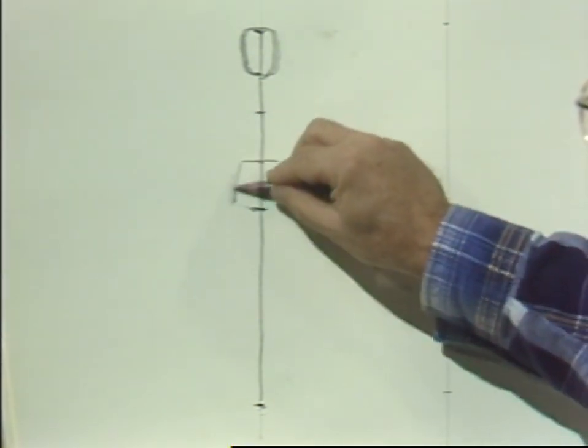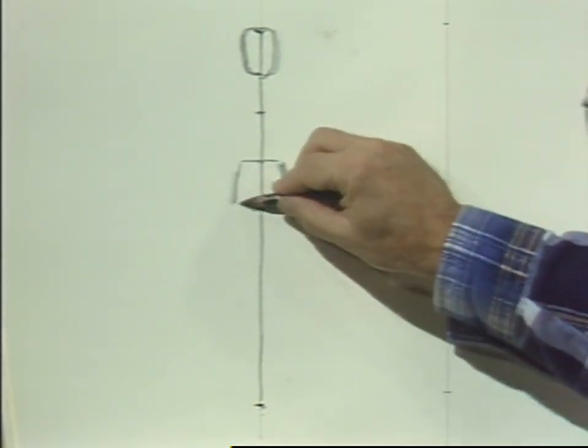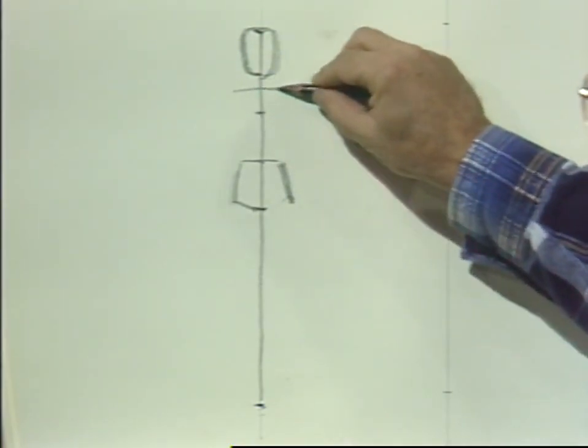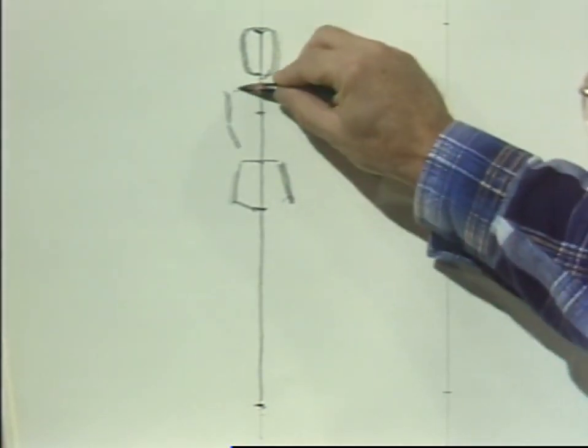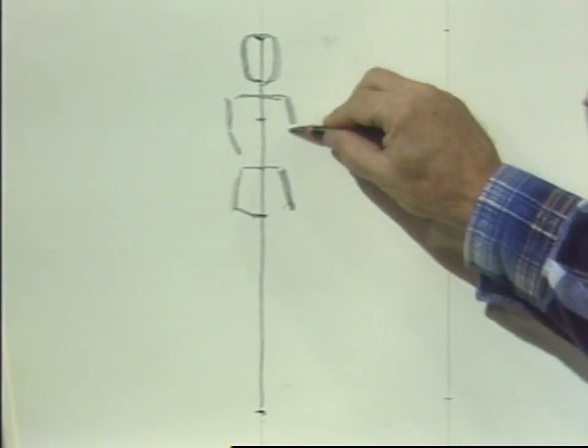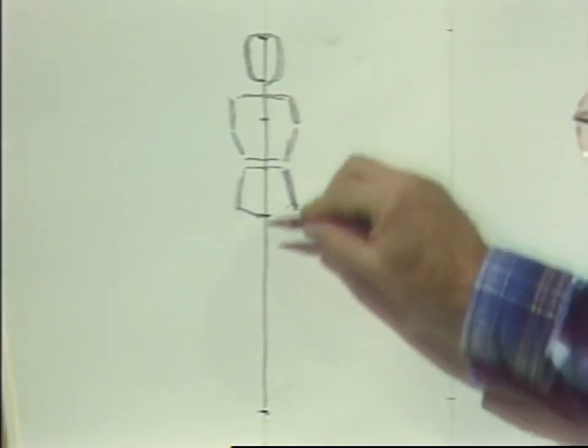Then I can place the hip block here, the rib cage up here, and these are only suggestions. I can refine them later.